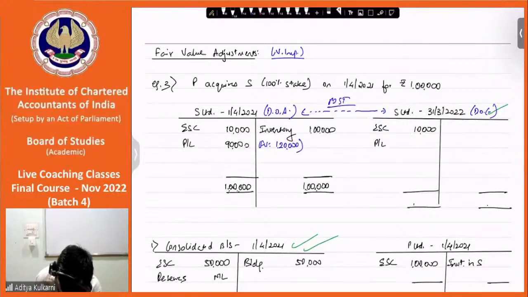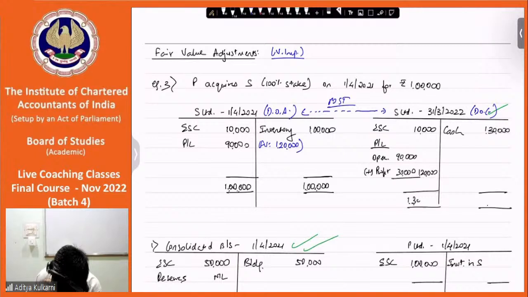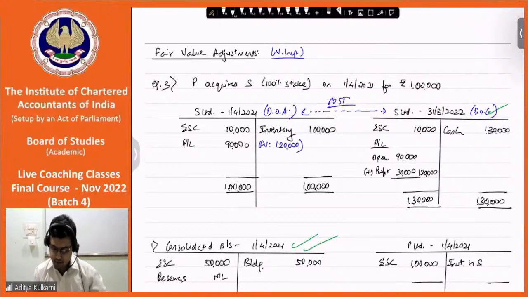So 10,000 cash, it could sell it for 1,30,000. So P&L opening was 90,000, add profit. 1 lakh inventory you sold for 1,30,000. So this is 30,000, 1,20,000. So this comes to 1,30,000. This is the balance sheet on 31st March 2022.